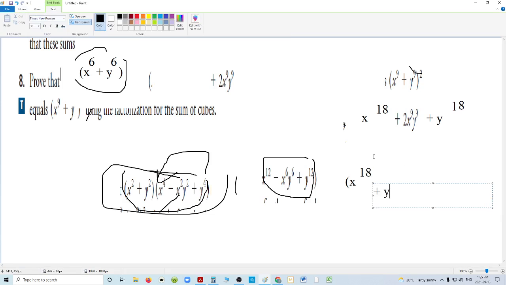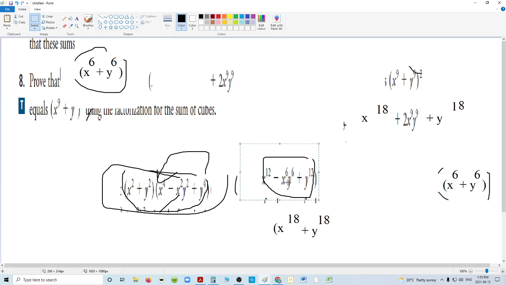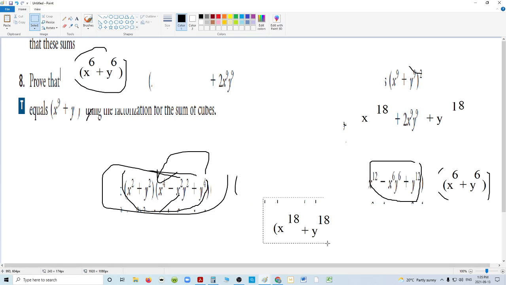Let's bring that up. Except it's missing, if I were to take the sum of roots for that, it's missing this part. So if I were to find the sum of roots of this, I'd get this times that. So that's what's missing.